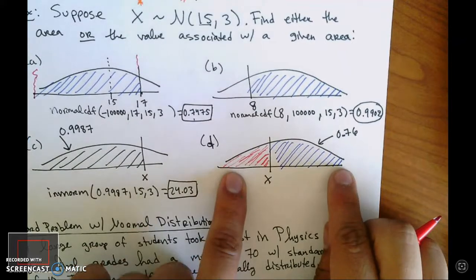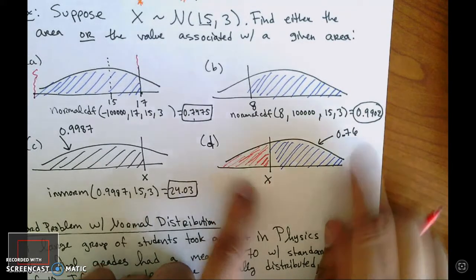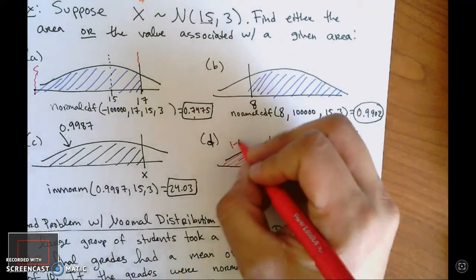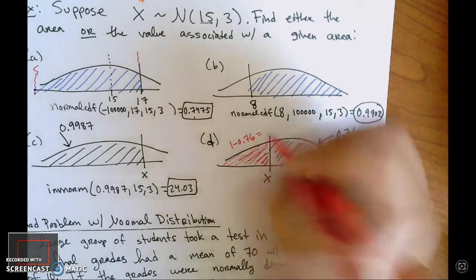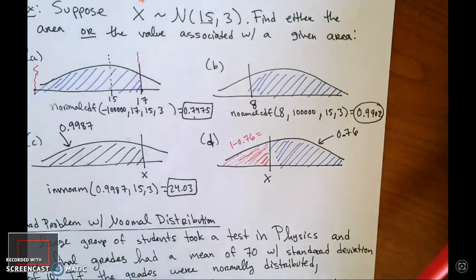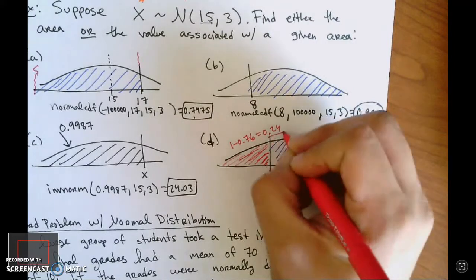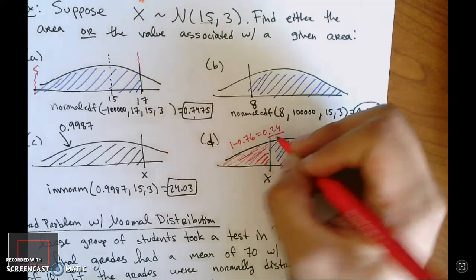Since a density function has an area of 1, if this is 0.76, then 1 minus 0.76 gives me the area to the left. So 1 minus 0.76 is 0.24. This is the value I'm going to put in inverse normal.